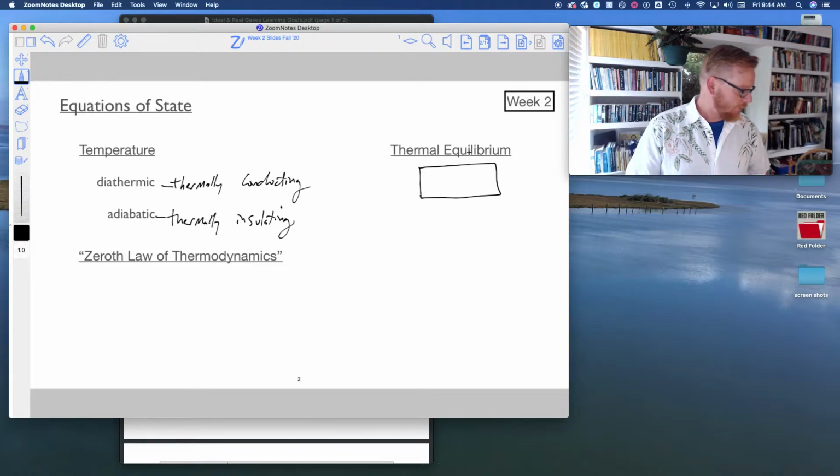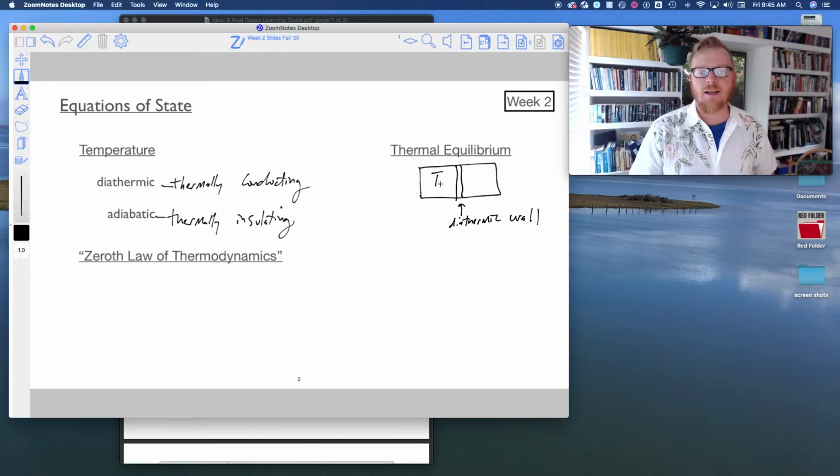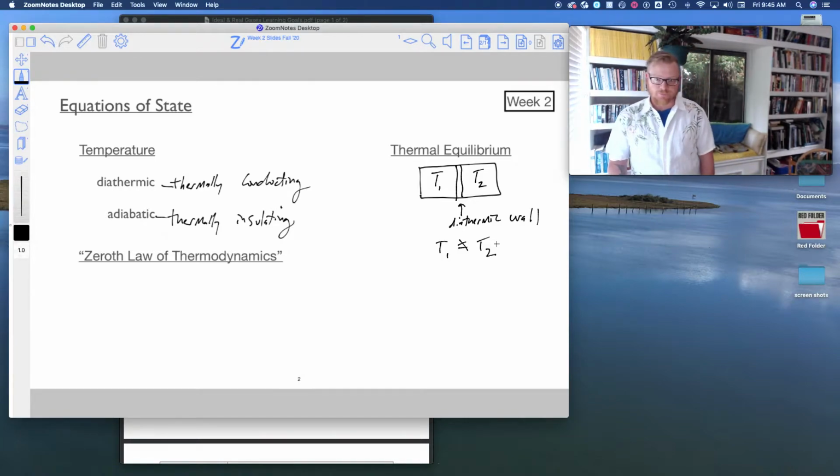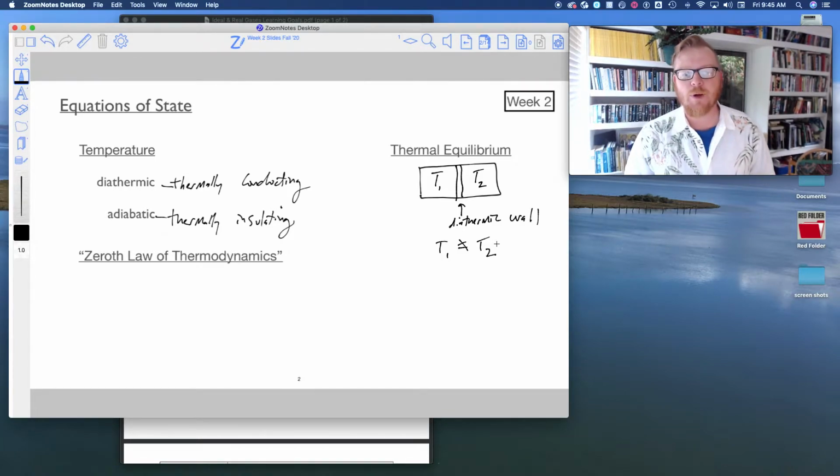So our thermal equilibrium goes as the following. Suppose that I have two containers, and this is a diathermic wall, okay? So here, if I have T1 and T2, and T1 and T2 are not equal, and a diathermic wall separates them, then eventually T1 and T2 will become the same temperature, okay?